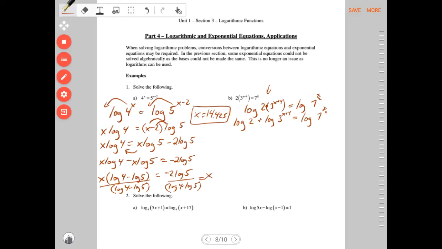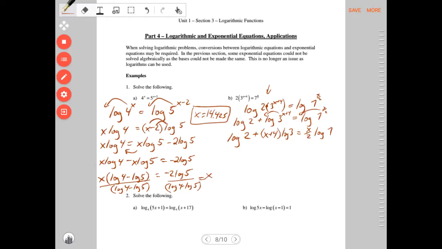Okay, great. So now that we've separated the log 2 and the log 3 to the x plus 4, we can do some more of the log laws. So these two exponents will jump down in front. So log 2 plus x plus 4 log 3 equals x over 2 log 7.